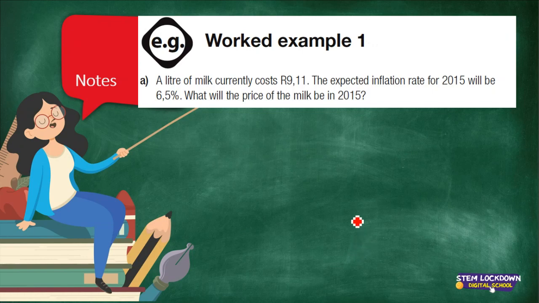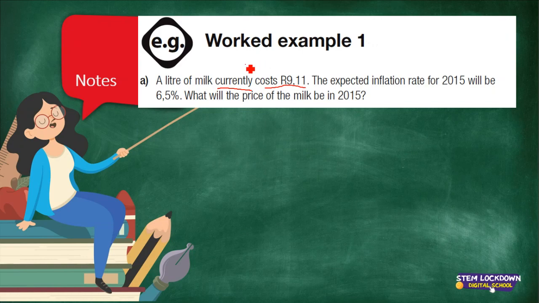Okay, now let's just look at the first example. They say a liter of milk currently costs 11 rand 19. So this is the current price, right? Now they say the expected inflation rate for 2015 will be 6.5%. What will the price of milk be in 2015?